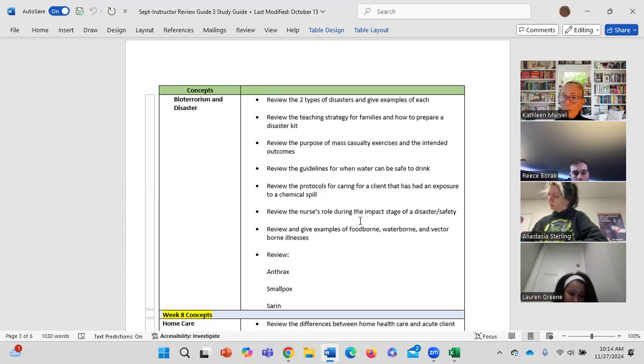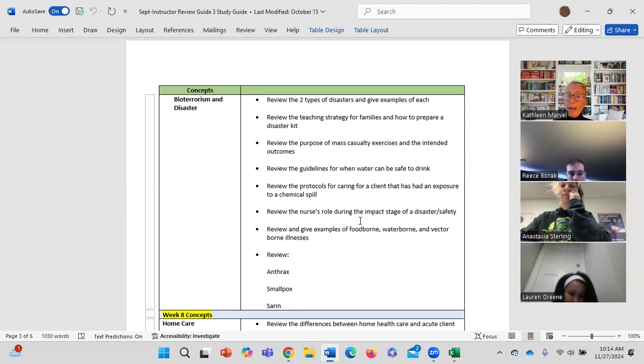How often do you have to review the kit? Every 6 months, for anything expired. Making sure everybody in the family knows where the main power source shutoff is. Utilities shutoff. Remember talking about that in class? And lastly, making sure everybody knows where this preparation kit is.